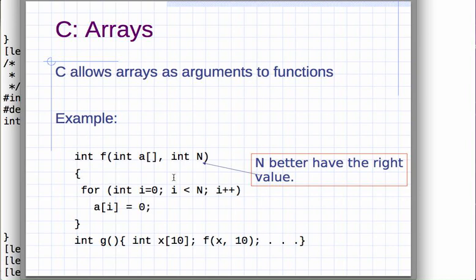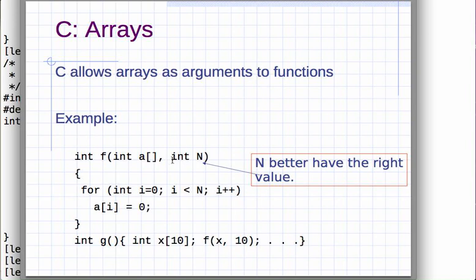Like in other programming languages, C does allow arrays as arguments to functions. So, for example, you can set up a function f with an array a, and almost always you have to pass in the size of the array, and you want to get that right when you call the function too.